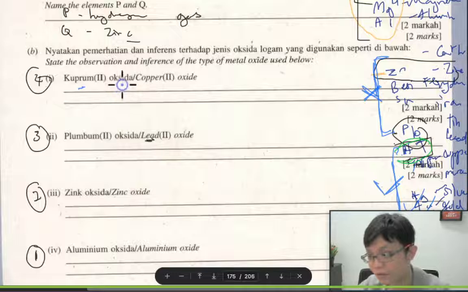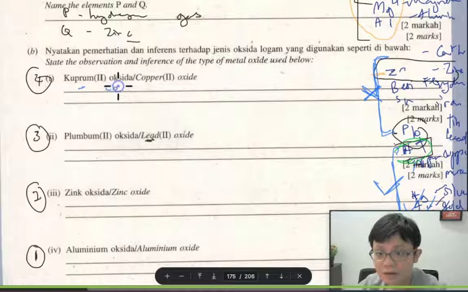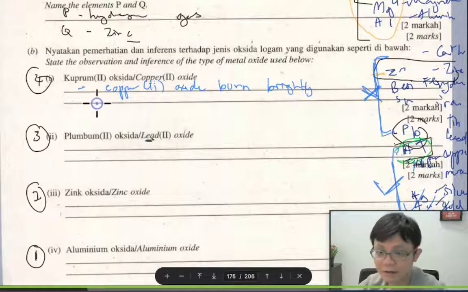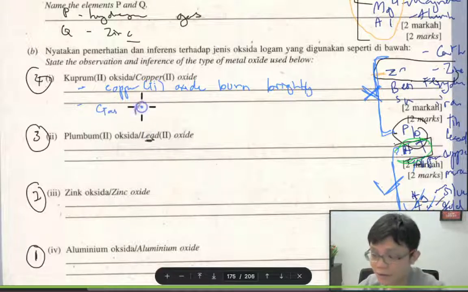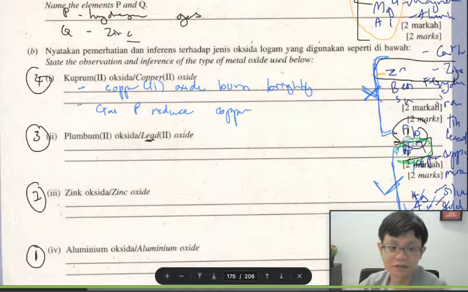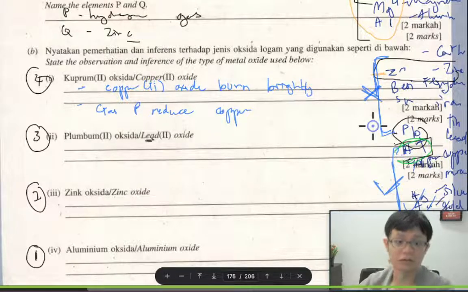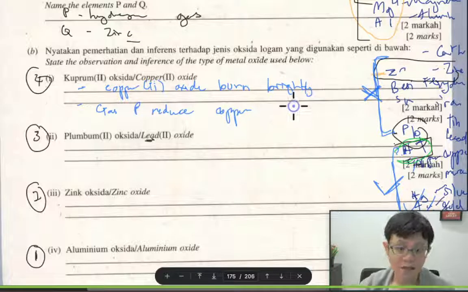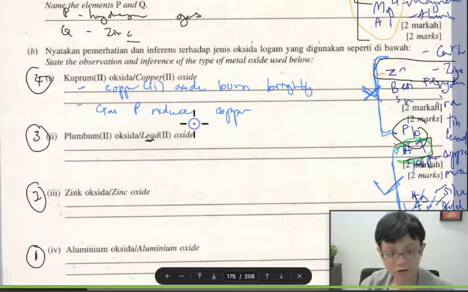Hydrogen plus copper oxide burns brightly, and you can say that gas P reduces copper. It burns brightly because the hydrogen is more reactive than the copper, so it can displace the copper from the oxide. So eventually you get copper and you get water.